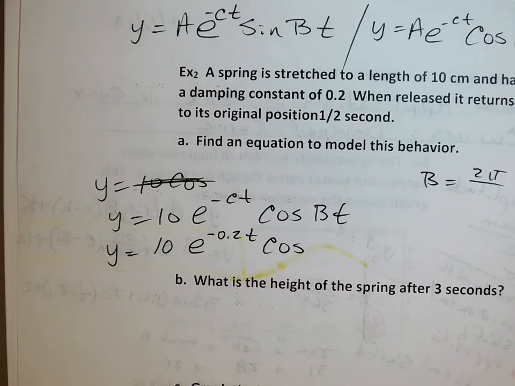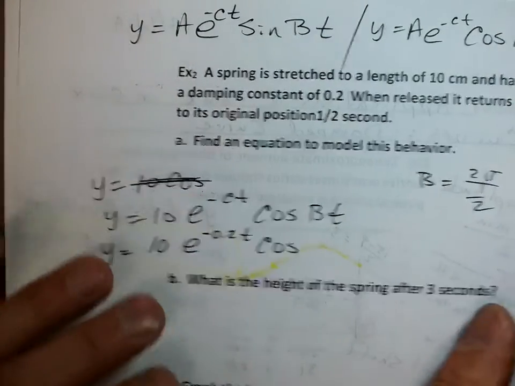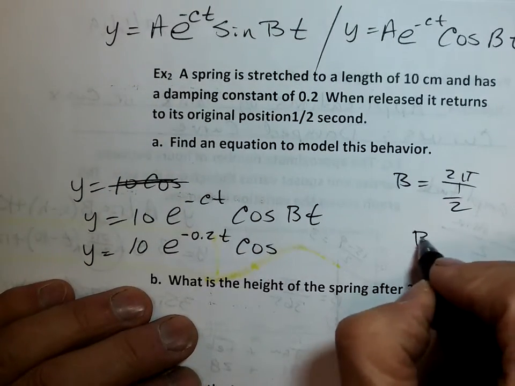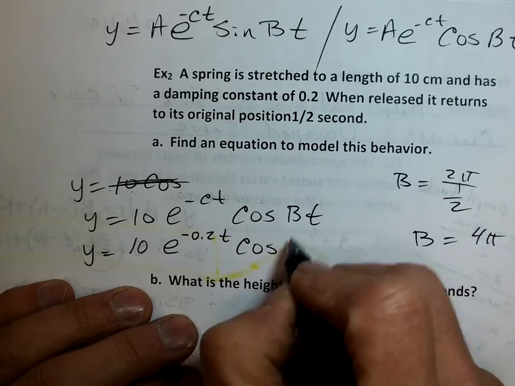It goes back to its original position in half a second, so the curve width is half a second. To find B, we'll just take 2 pi divided by 1/2, and if I simplify that, then B is 4 pi.